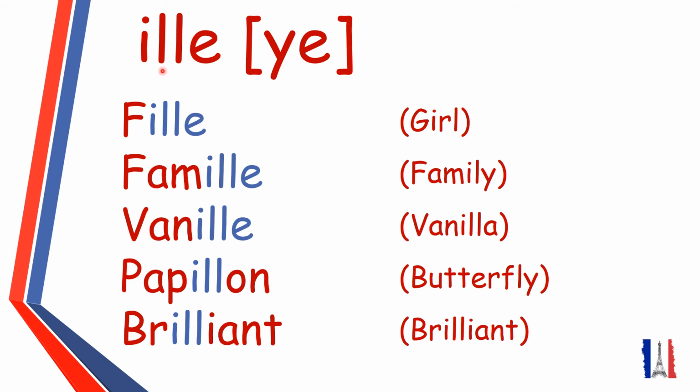I-double-L-E gives the sound y most of the time. In most of the cases, it gives the sound y. For example, la fille, la famille, la vanille, le papillon, brillant.